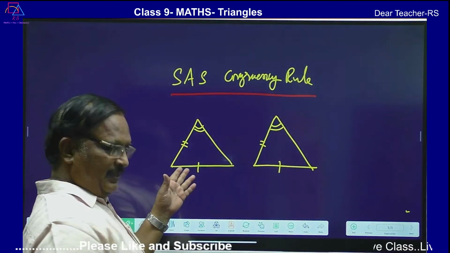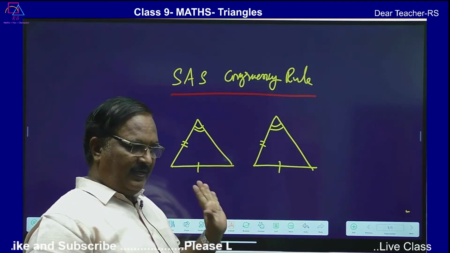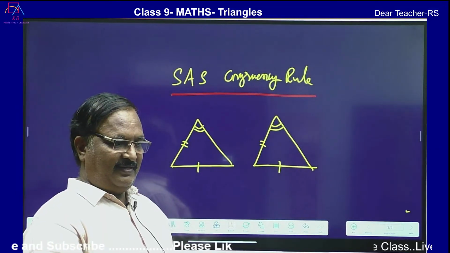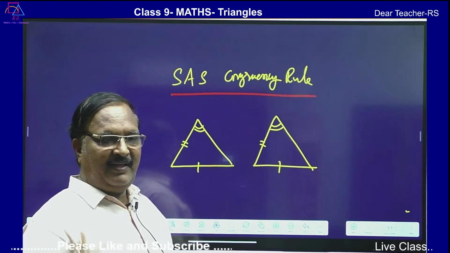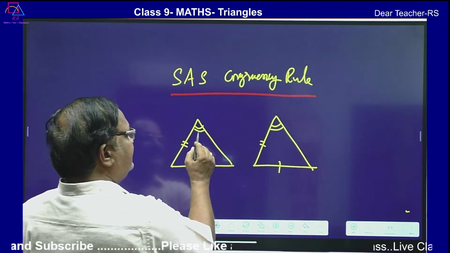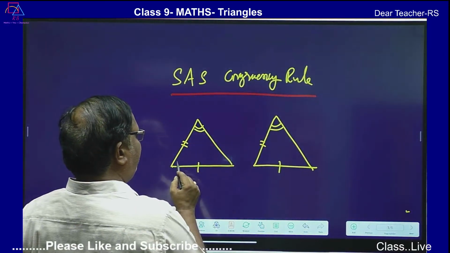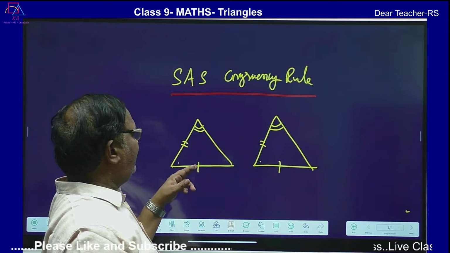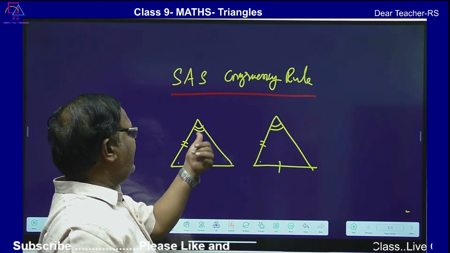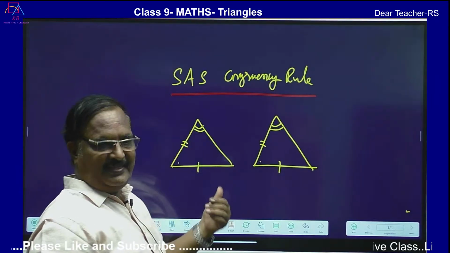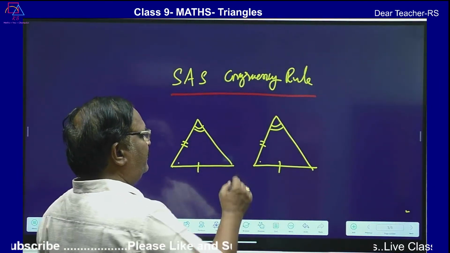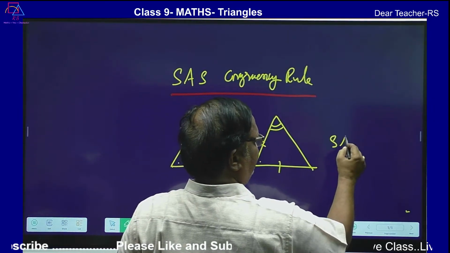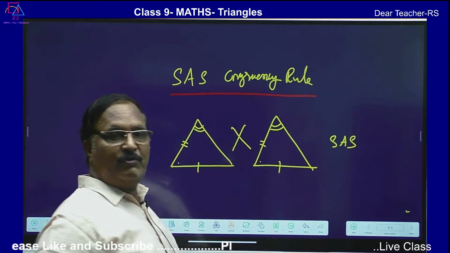So now, are these two triangles congruent by SAS? They are not congruent because this equal angle is not between these two sides, not included. These two sides are equal, but the angle is not in between the two sides, not included. Therefore these two are not congruent by SAS. So you have to be very careful.